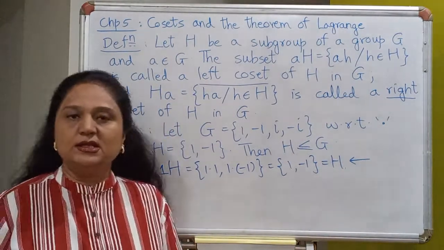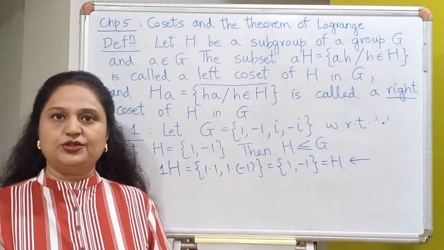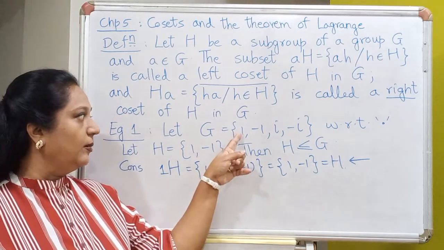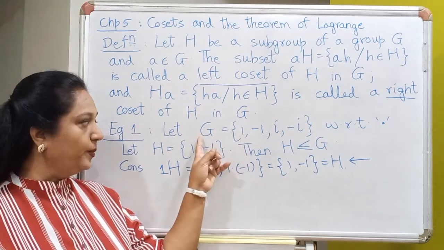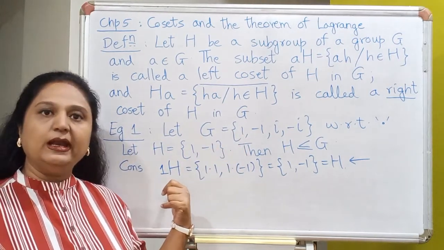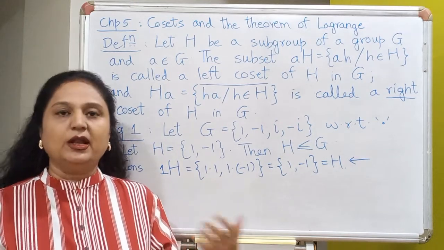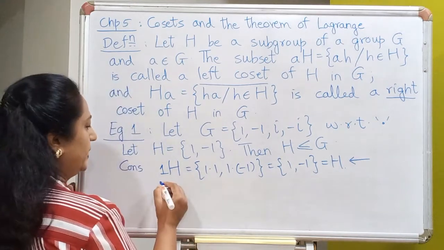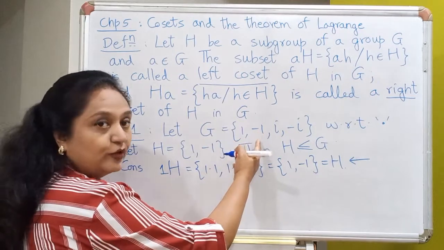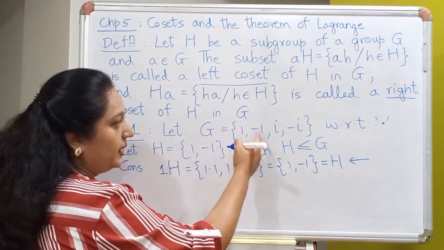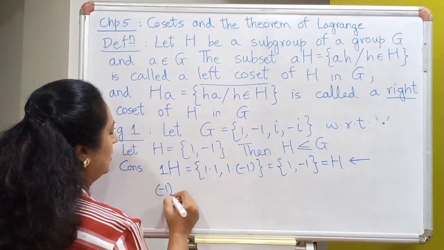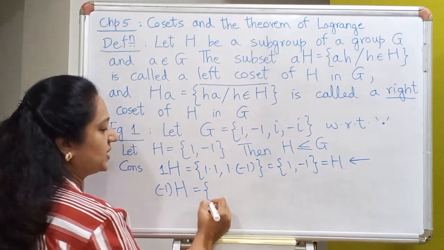Notice that this is the same as the subgroup H. So with the element 1 of the group, I have formed one left coset of H. Now let's look at yet another left coset, the one we will get with the next element, so minus 1 times H.